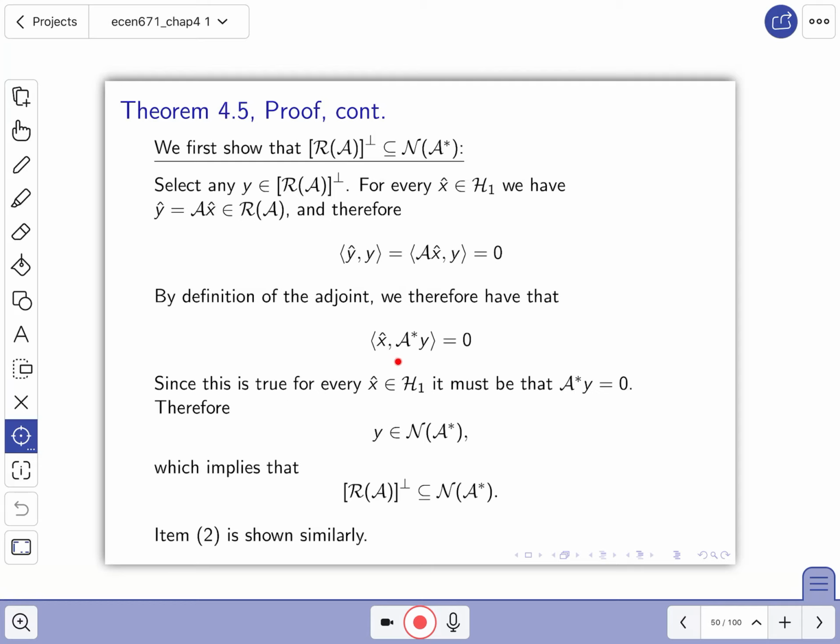By definition of the adjoint, we have that X hat, A star Y has to equal 0. And since this is true for every X hat in H1, the only way this can be true for every X hat is if A star Y is actually equal to 0, which means that Y is in the null space of A star. So we have that the space that is orthogonal to the range space of A is contained in the null space of A star.